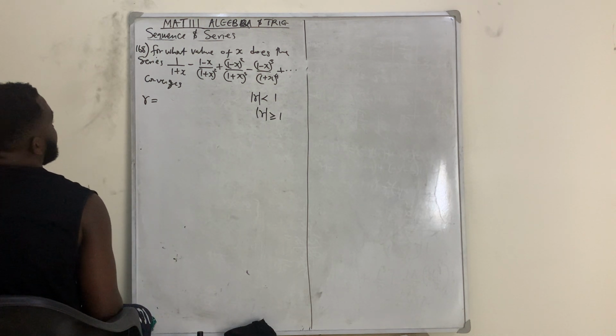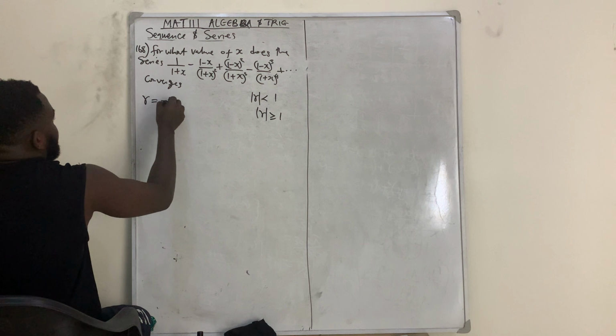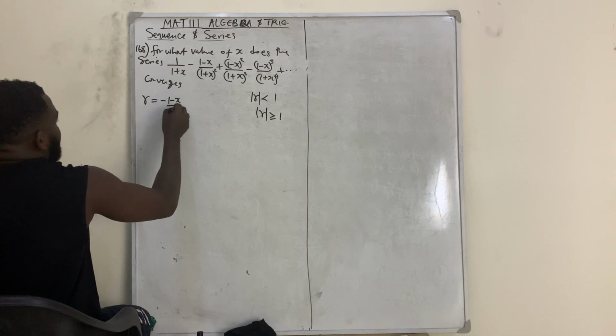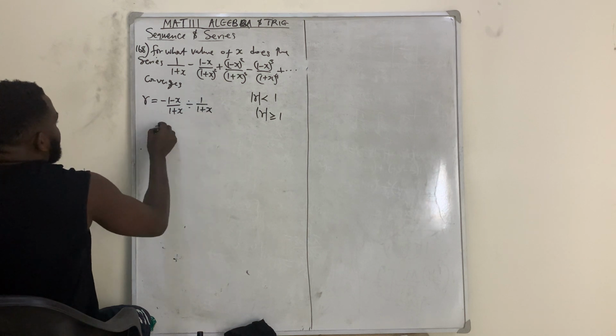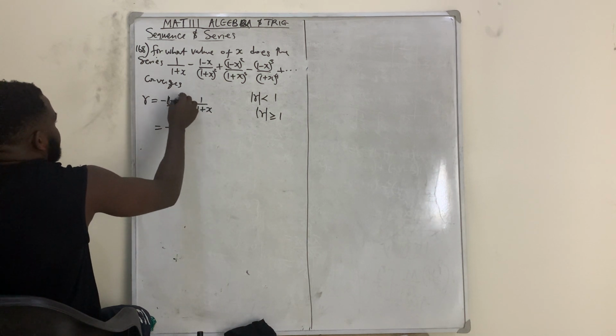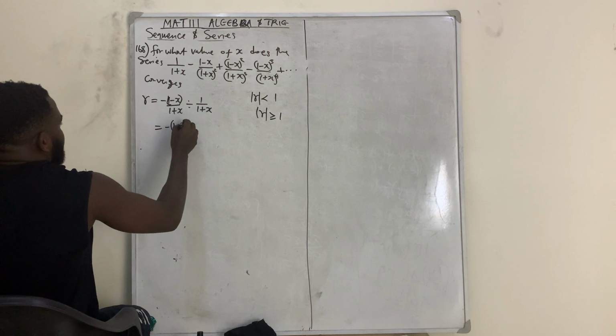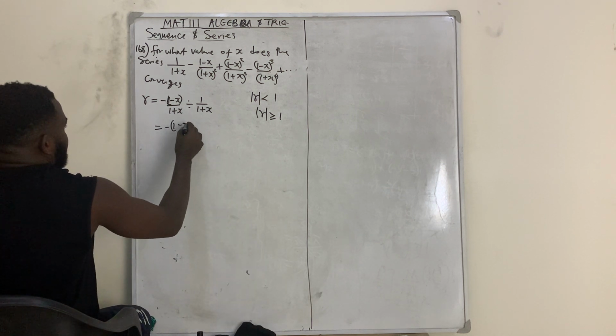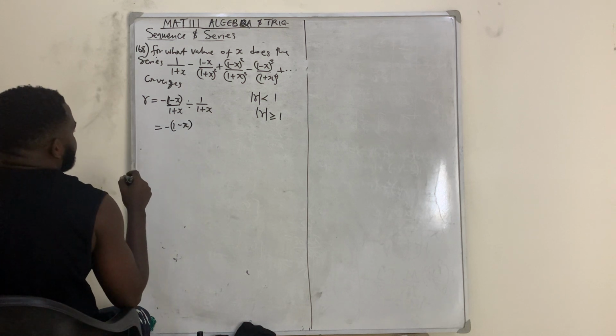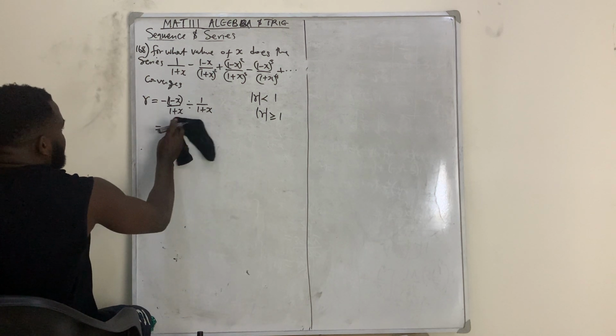So we have that the ratio is going to be minus (1 minus x) over (1 plus x) divided by 1 over (1 plus x), which will give you minus (1 minus x). Let me use that minus to open the bracket.